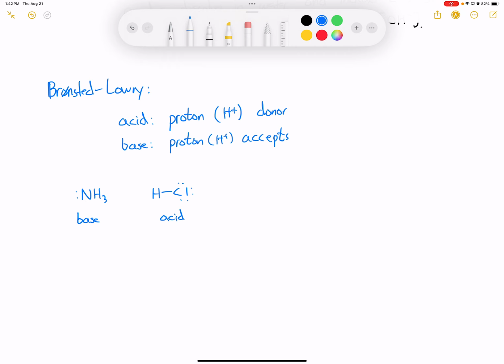There's other strong acids we may see, but usually these are the most common, okay? And then the ammonia is the most common base you saw in inorganic, Gen Chem. In organic, the most common weak bases are ammonia and the organic relatives, amines, okay? So those are common bases in organic chemistry.